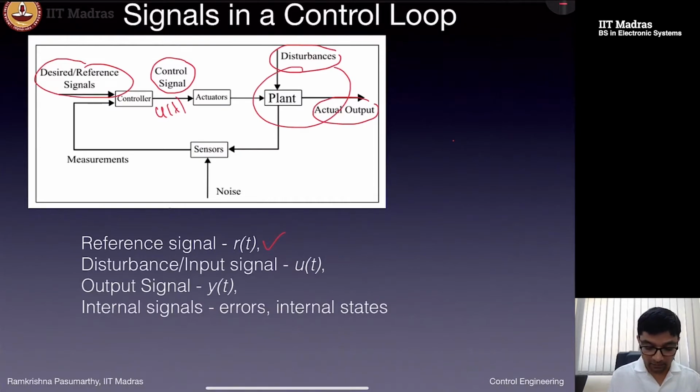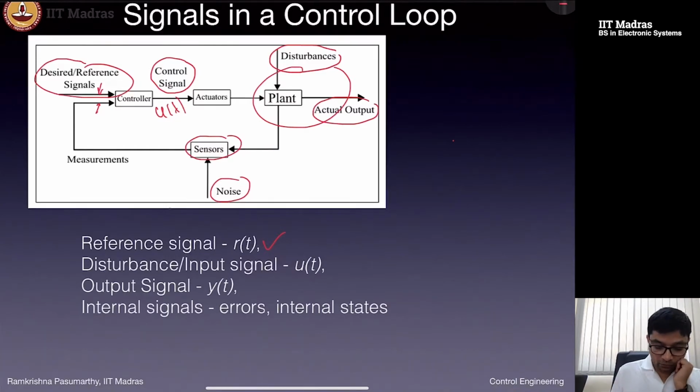In a standard feedback loop, the output is measured via a sensor, and the sensor may be subjected to a certain noise. This output is fed back to the controller, where the controller will compare the reference versus the actual output. If the reference is not equal to the actual output, the controller will compute a certain control signal, which will be passed on to the plant and so on.